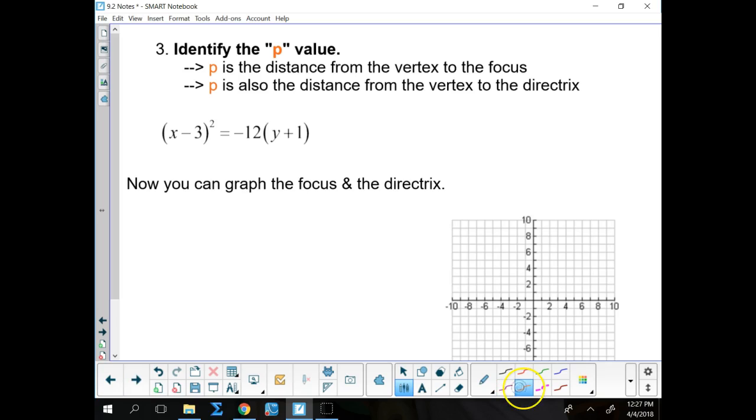Remember, this number right here is 4 times p, because it's the coefficient of the non-squared term. So 4p is negative 12. So p is what?